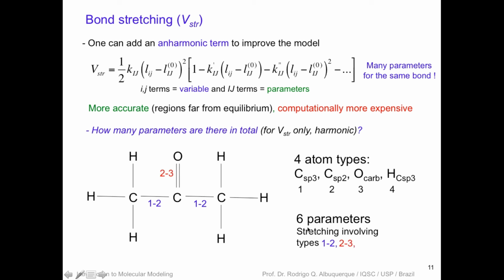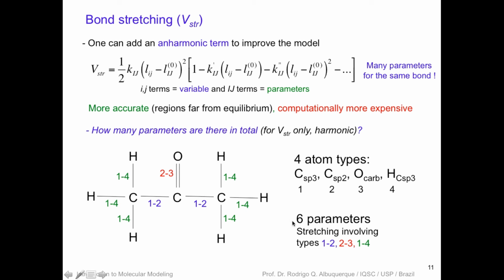We also have the stretch involving types 2 and 3, which means sp2 carbon and oxygen here. Then there's just one stretching. For this stretching, we have also a force constant K and a reference bond distance L0. And we have also the stretch involving types 1 and 4, which are shown here. There are 6 different bonds involving the same 2 parameters, K and L0.